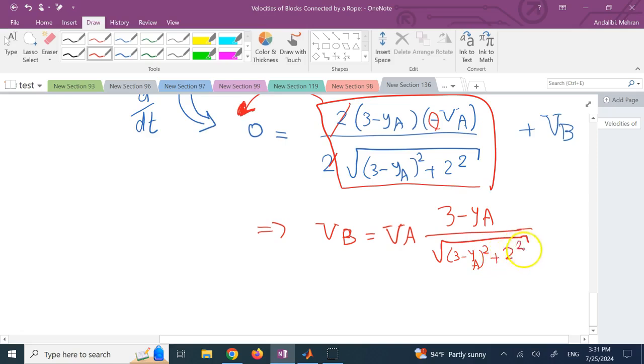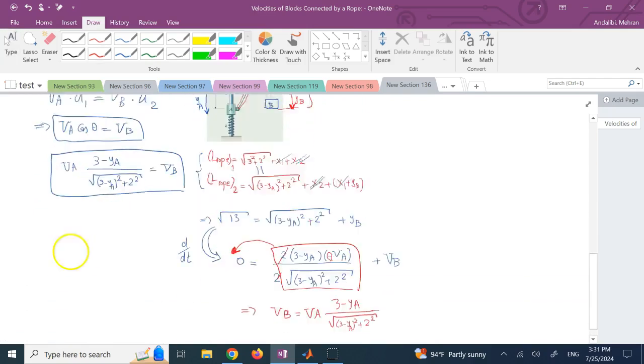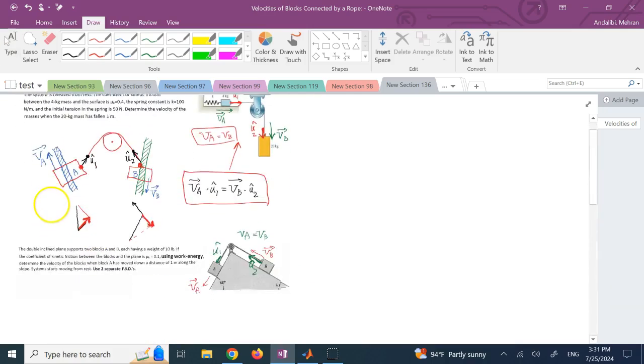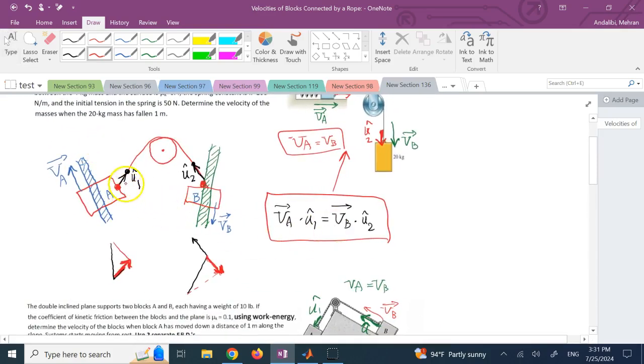And this is exactly the thing that we found right here. Look, because this entity is cosine of theta. You see, they're the same thing. So now if any situation they gave you like this is the answer.